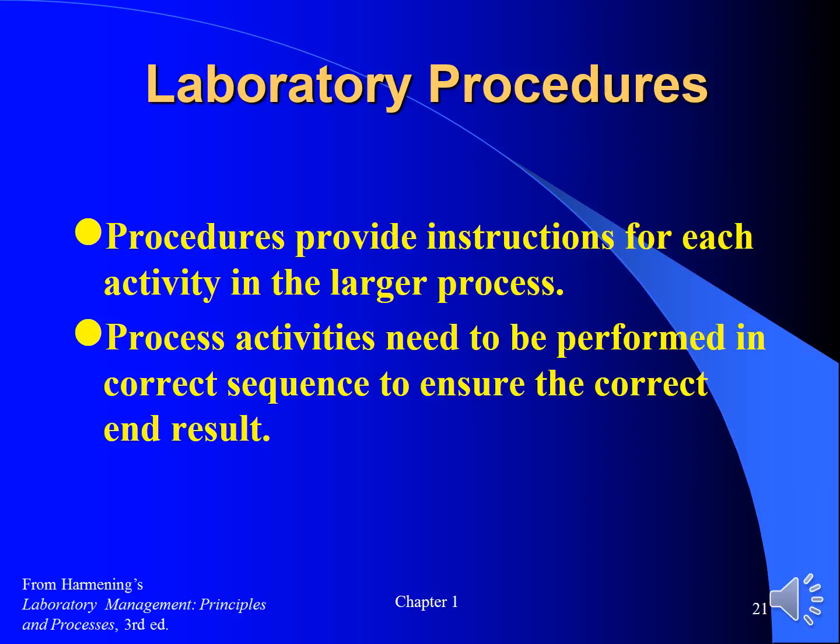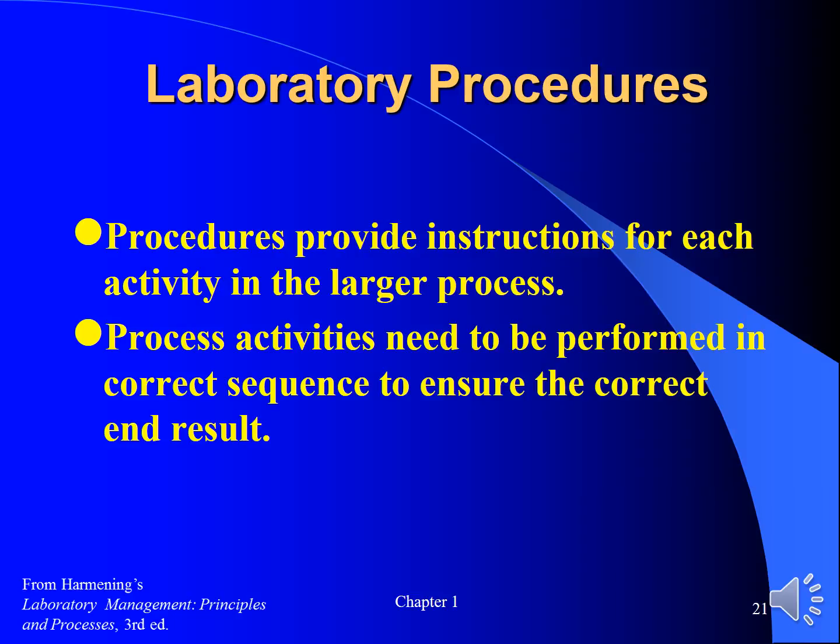Procedures provide instructions for each activity in the larger process. For example, the process to collect a blood sample involves the defined sequence of greeting the patient, verifying the patient's identity, assessing the patient's condition and vascular access, washing one's hands, assembling the appropriate collection materials for this collection, collecting the sample by venipuncture or capillary puncture, labeling the sample, and preparing the sample for transport to the laboratory.